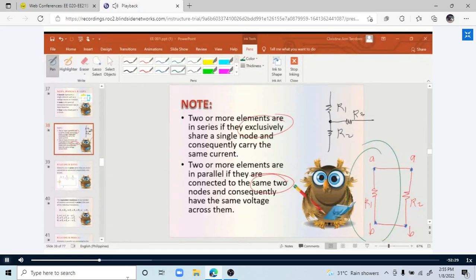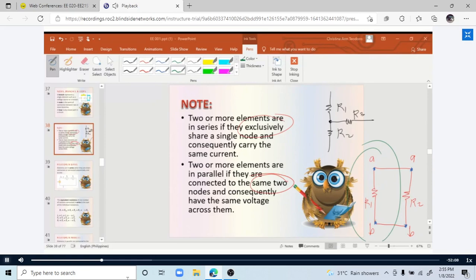That is what we call the single hand-to-hand connection. Series connection is a single hand-to-hand connection wherein the boy, which is basically R1, and the girl, which is basically R2, are holding their hands together.